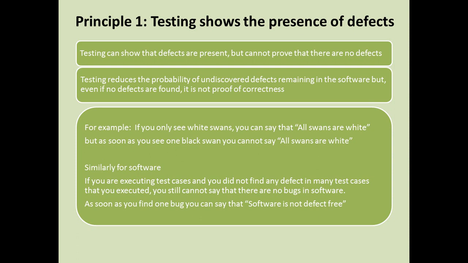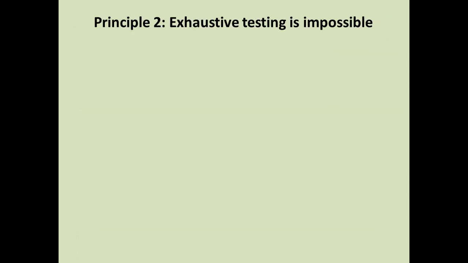Similarly, as soon as you find one defect in a software, you cannot say that the software is defect free. So that's principle number one, that testing shows the presence of defects, but it doesn't prove that there are no defects in the software. Principle 2 says exhaustive testing is impossible.